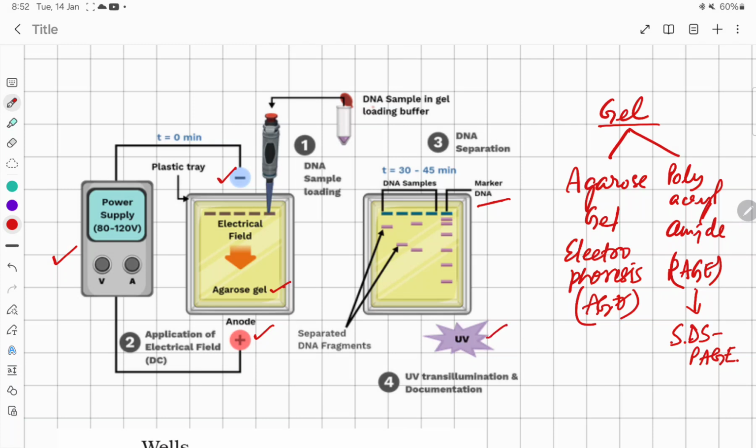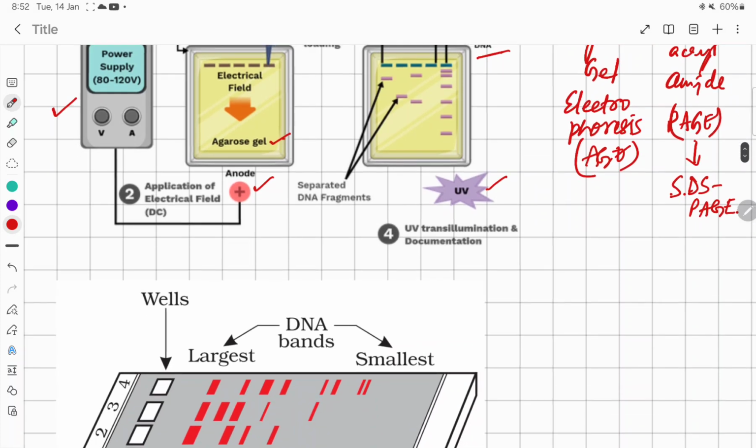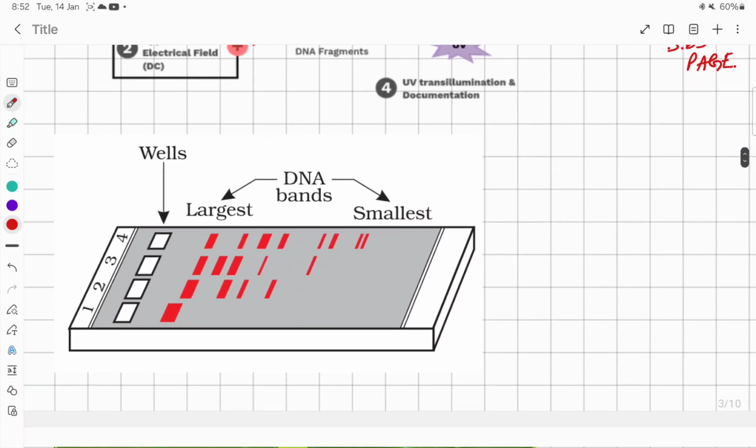If we use UV transillumination, they will fluoresce and we can compare them. We will see that the smaller size DNA will move faster, toward this side on the upper side, and the large size DNA will remain close to the wells.